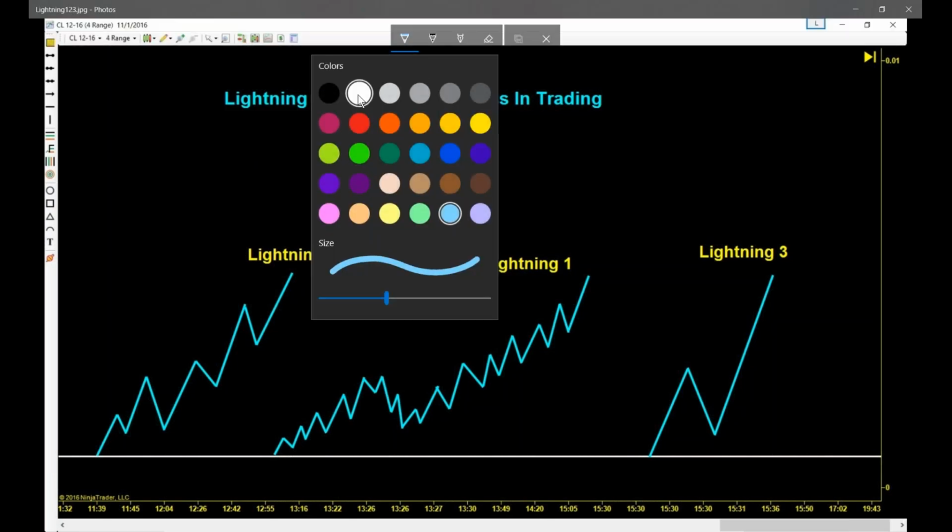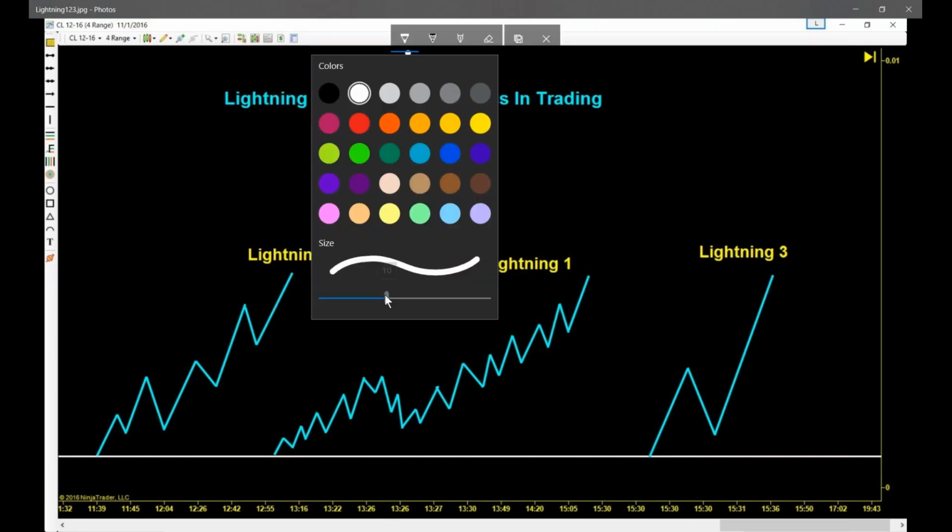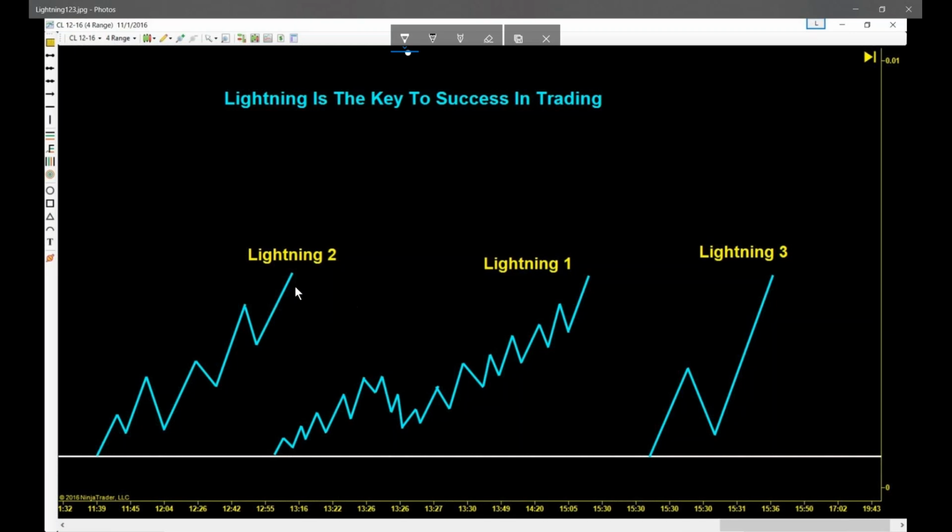So if this was to do something like this, we'll go ahead and use a line here. I'm not real good at being able to draw a straight line, but what if it did this and then did this? Would you have wanted to get out of the trade yet? Just a little retrace like that?